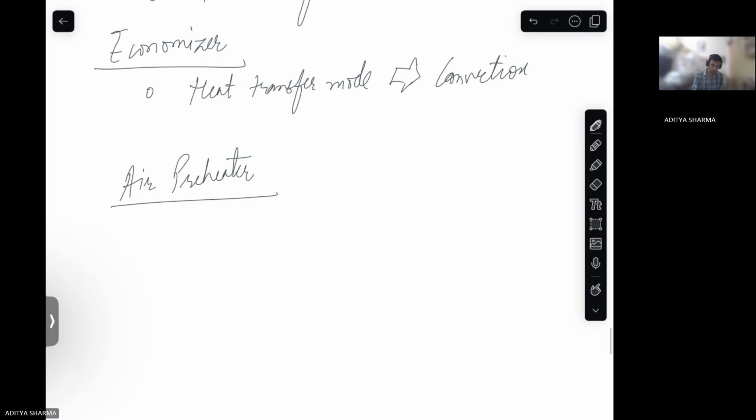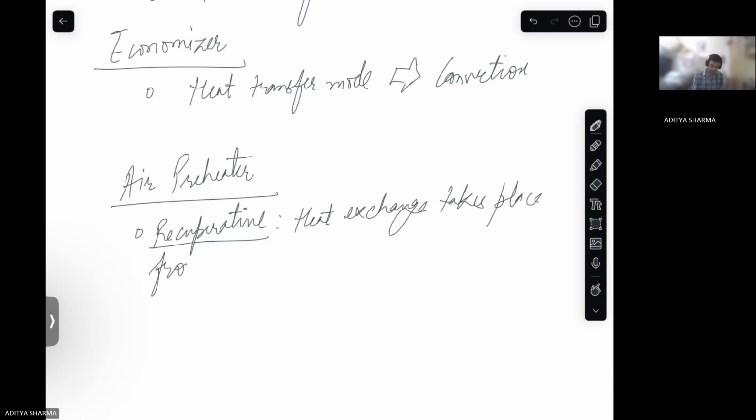One is recuperative, where heat exchange takes place through a surface. So a tube and shell type of arrangement, where in the tube we have one fluid and in the shell we have another, and the heat transfer takes place between your air and your flue gases through surfaces.